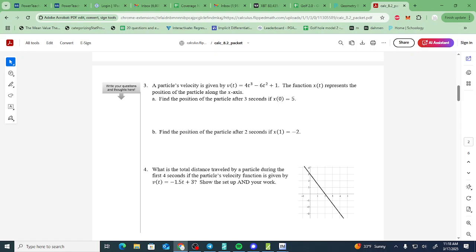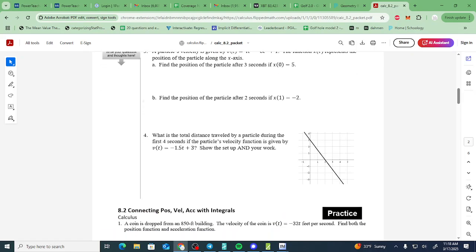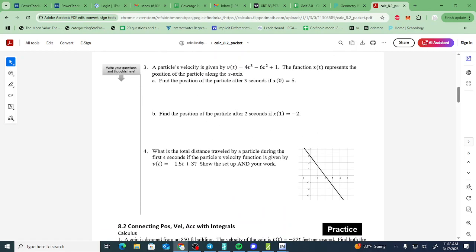Position after 2 seconds if x of 1 equals negative 2. So that's just like the earlier ones. We're going to have to find out what c is, and then plug in after. So s of t equals the integral of 4t cubed minus 6t squared plus 1 times dt.